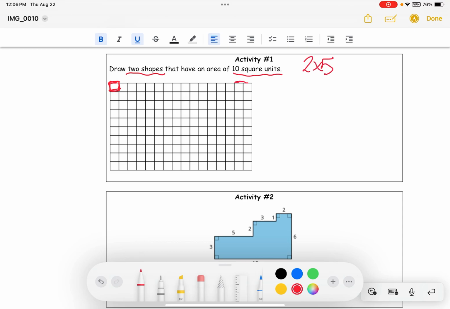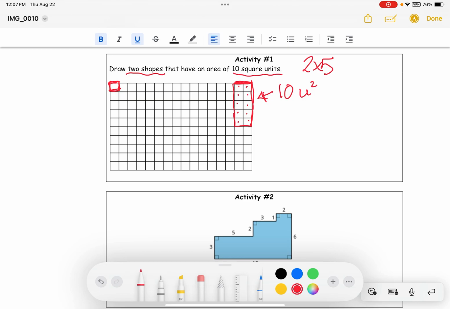So I might do a rectangle that is 2 squares by 5 squares. You can count there if you're not sure: 1, 2, 3, 4, 5, 6, 7, 8, 9, 10. This would be an example of a shape that has 10 square units or units squared.